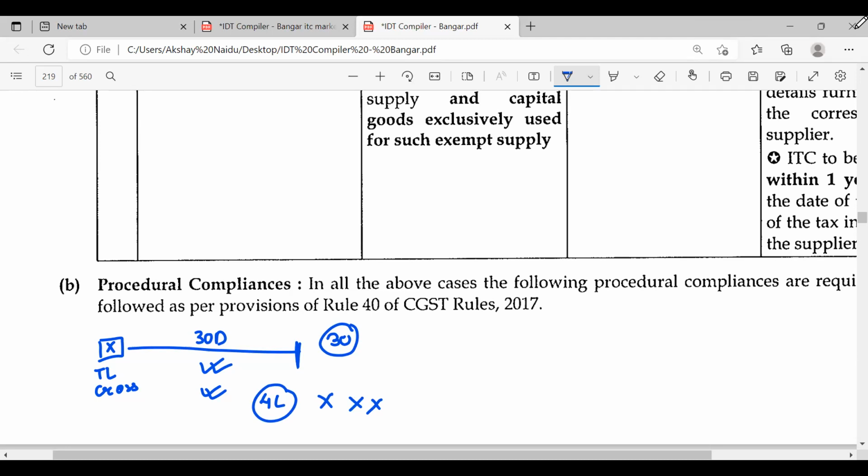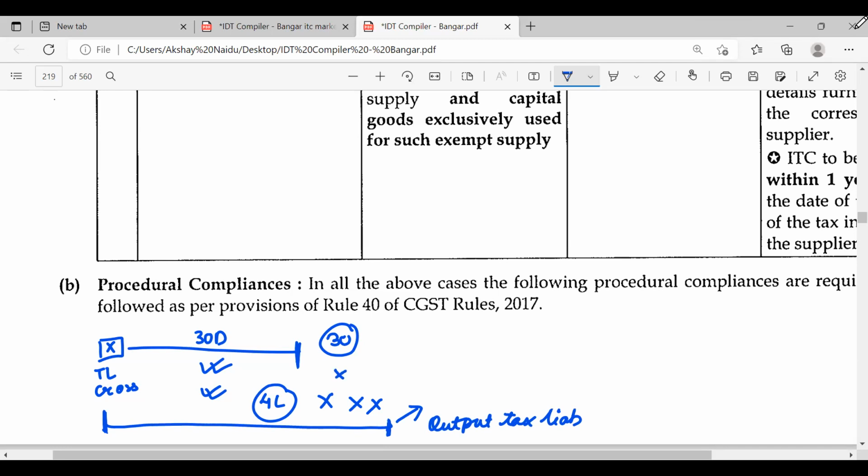But from the date you are liable till the date you get the registration certificate, you have to pay GST output tax liability. Meaning they will not allow you the benefit, but they will take that tax liability. That they have to take, but we will not allow you any input.